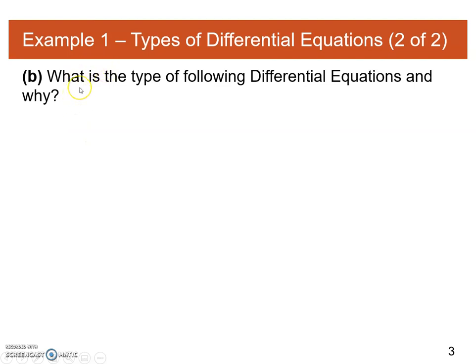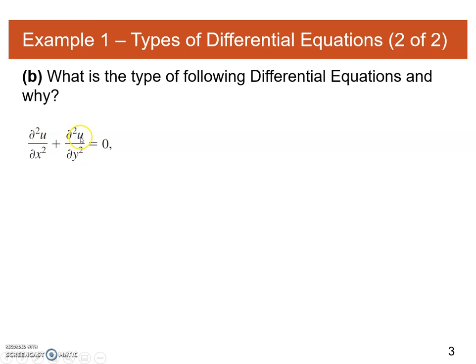Again, we have to determine what are those types of equations. In this case, the equations are presented in a different format. Obviously these are represented in partial differential equation form. In partial differential equations, you have more than one independent variable. In this case, there are two independent variables, x and y.